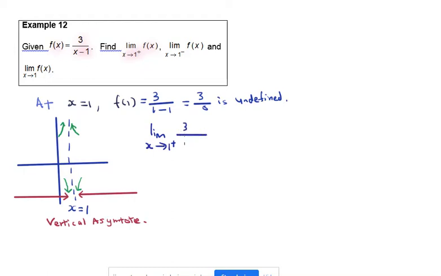3 divided by x minus 1. The answer will be positive or negative infinity. Let's determine its sign. It's sufficient to substitute a value from the right hand side of 1. Maybe we can try 1.1.